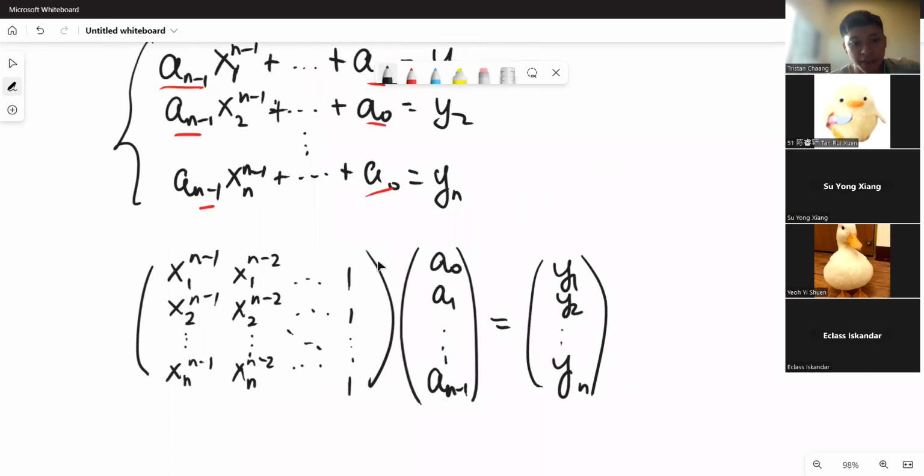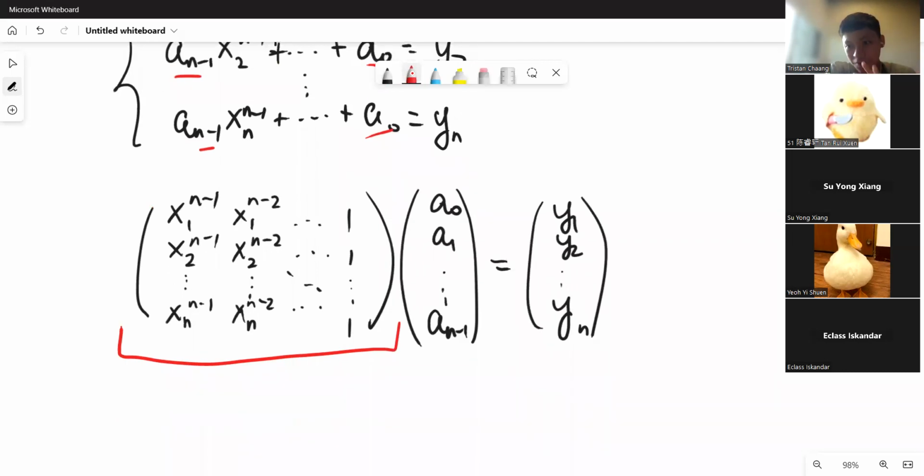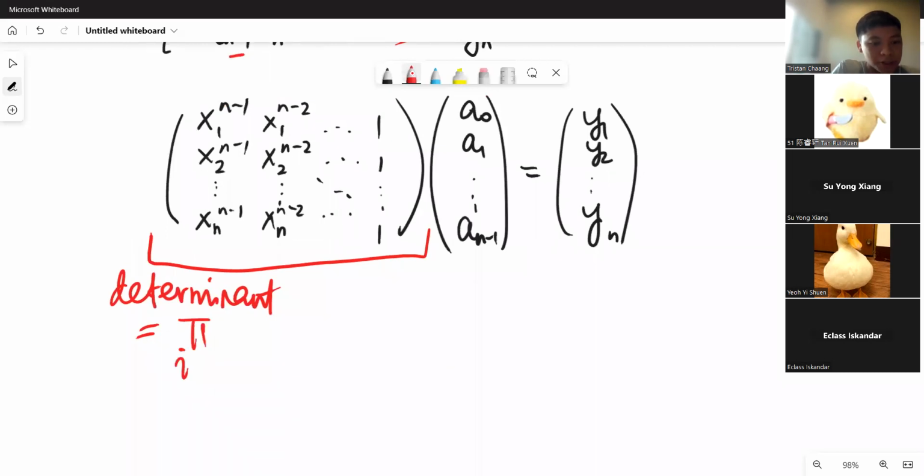So what remains is to prove that this matrix has an inverse. In fact, there's a theorem that says that any matrix of this form, where x1, x2 until xn are all distinct, has a determinant that is, if I remember correctly, the product of all possible differences xi minus xj.